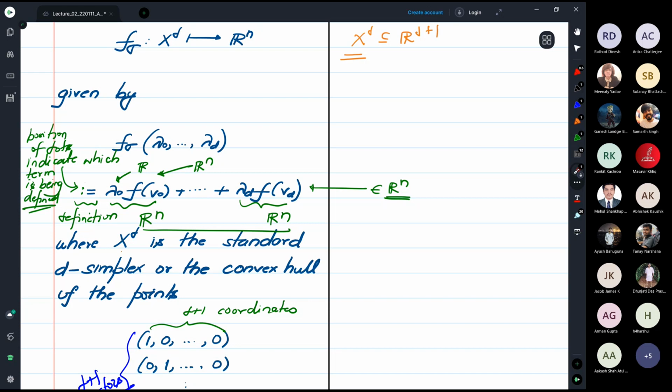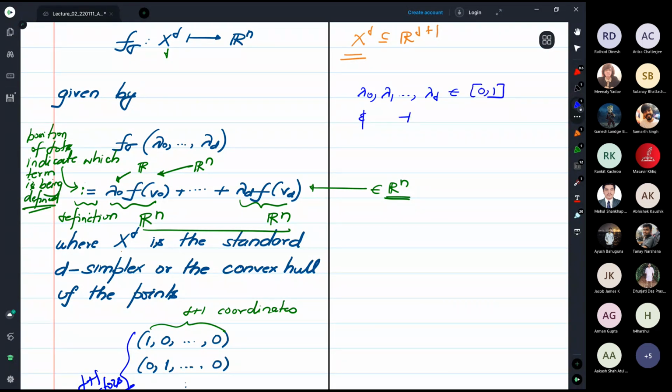Okay. So yes, Jacob, go ahead. Any conditions needed on the lambdas, like they should sum up to something? The constraint is that this lambda 0 to lambda d have to lie in xd. That is the constraint. If you think about this xd a little bit, that will automatically imply that these lambda 0 to lambda d all should be numbers between 0 and 1.